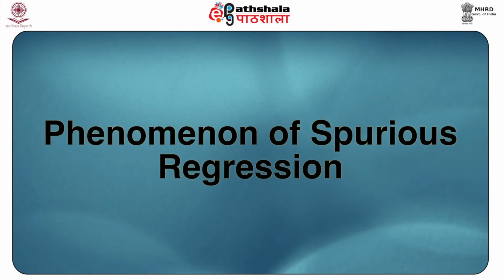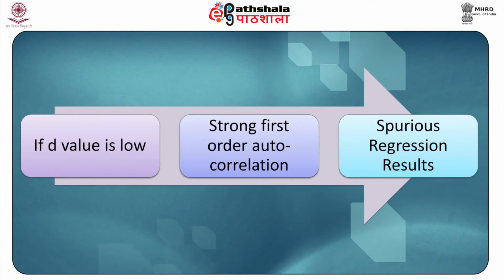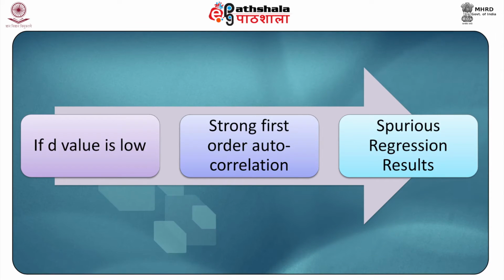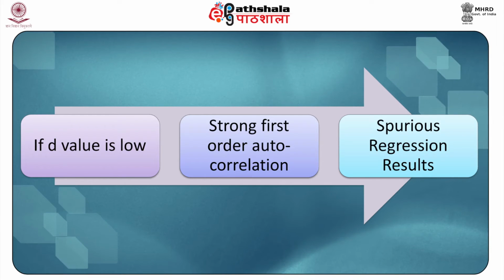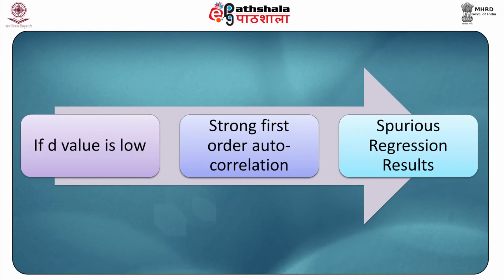Understand the phenomenon of spurious regression. The phenomenon of spurious regression was first discovered by Yule. He stated that spurious regression could persist in non-stationary time series even when the sample size taken into consideration is very large.